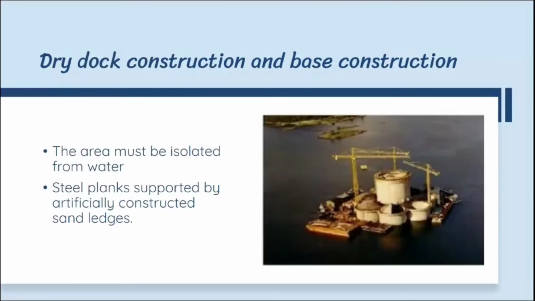The first stage, the construction of the dry dock and the base, is a place similar to the docks where boats are maintained. The area must be isolated from water, and the sea planks supported by artificially constructed sand cornices.